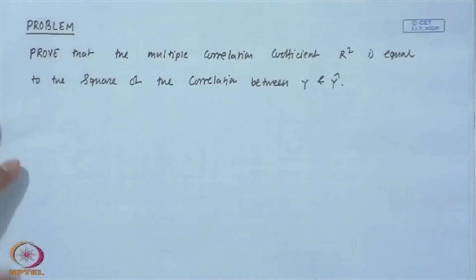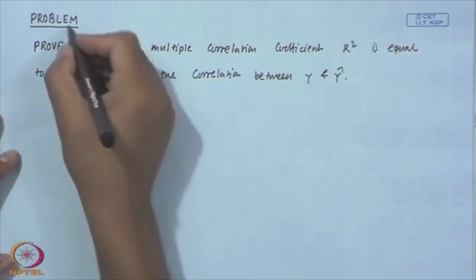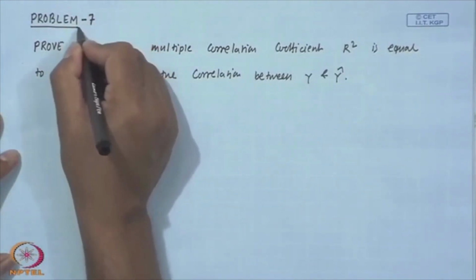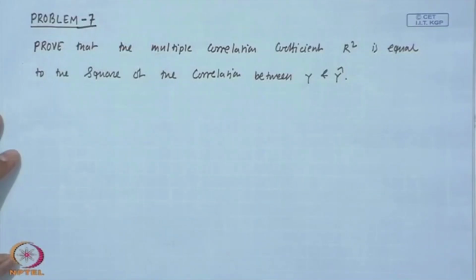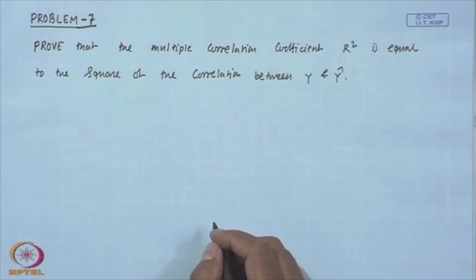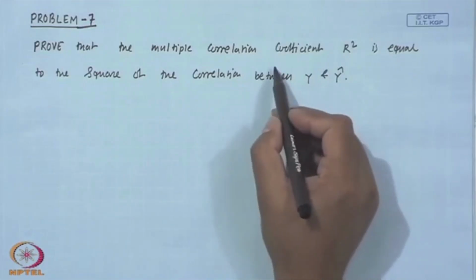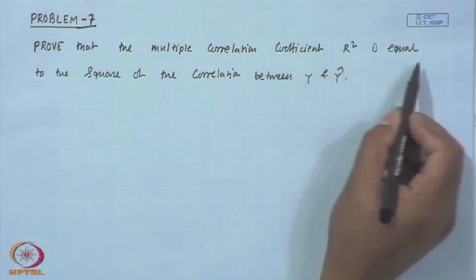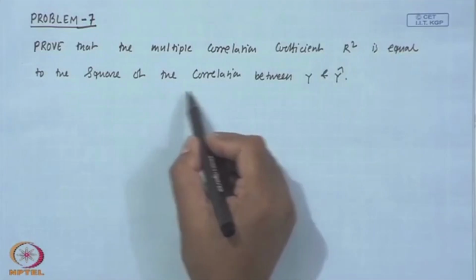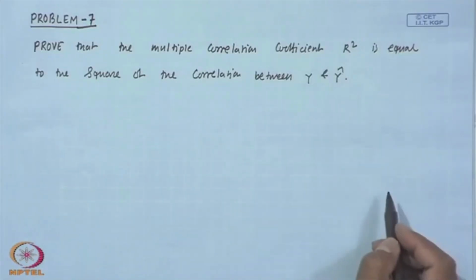Let me prove one more problem, which is again theoretical, call it problem 7. This problem says that you have to prove the coefficient of determination is equal to the square of the correlation between y and y hat.